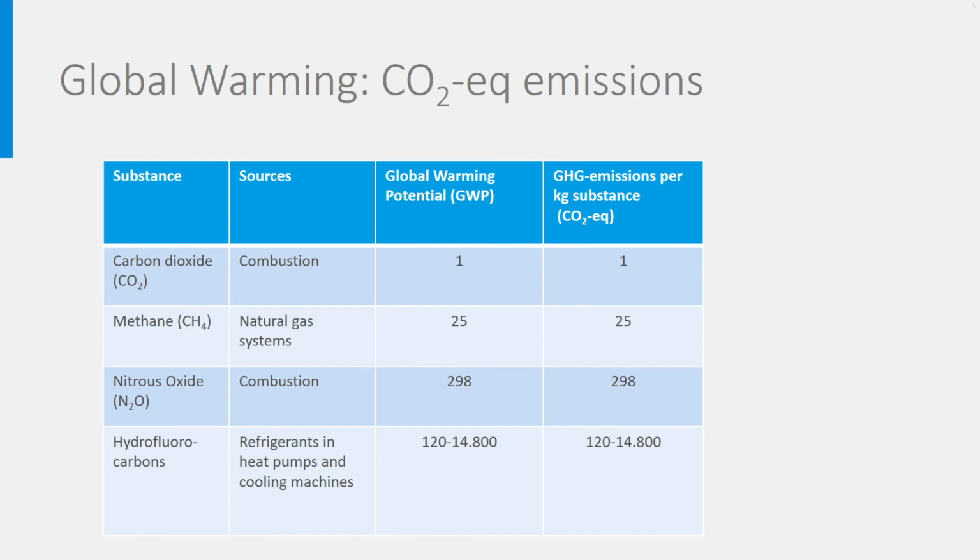So, 1 kilogram of CO2 released in atmosphere is just 1 kilogram CO2 equivalent. 1 kilogram of methane released in the atmosphere has the same effect on the global warming potential as 25 kilograms CO2, and so on. Most national policy documents and emission factors refer to CO2 equivalents and not only to pure CO2 emissions. It is not about CO2, but about global warming and greenhouse gases.